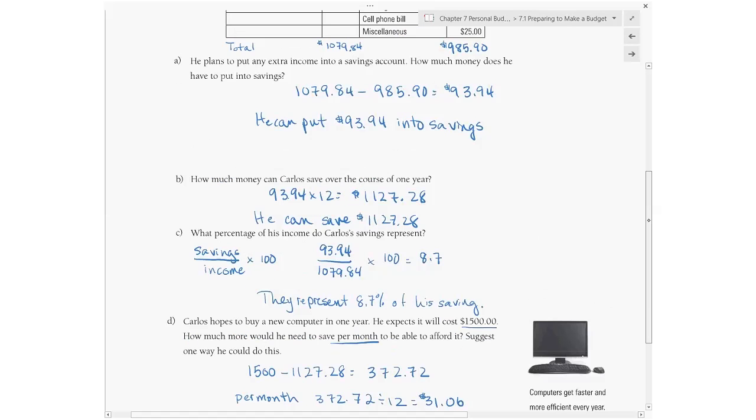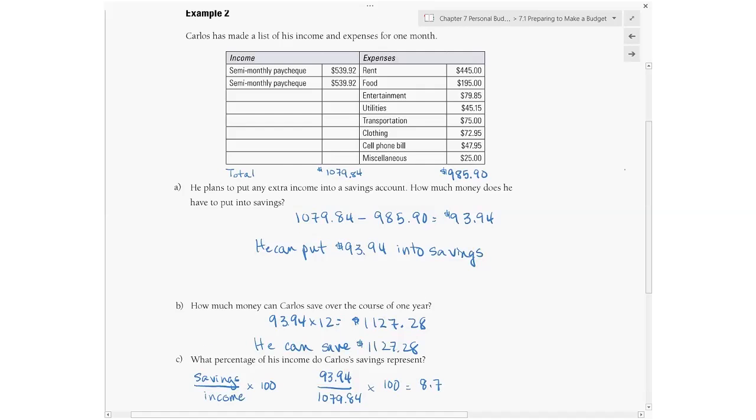What's one way he could do this? Well, let's look at his budget. Rent isn't going to change likely. Food, well, he needs to eat. Entertainment, so I'm thinking maybe he doesn't need to spend $80 a month on entertainment, right? Maybe he feels he does. His utilities, so these are things that can't really change. Transportation, maybe he could save some money there. Perhaps he could ride a bike instead. Maybe he can walk depending on how he's getting places.